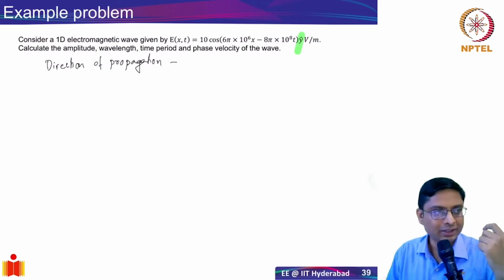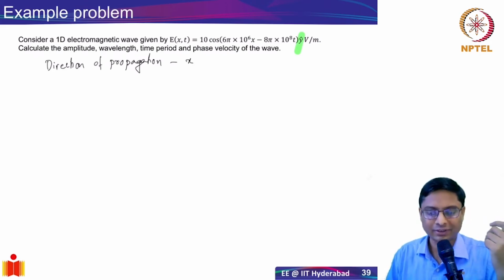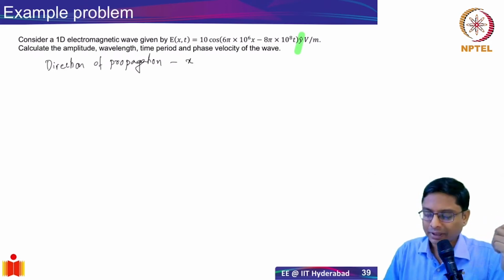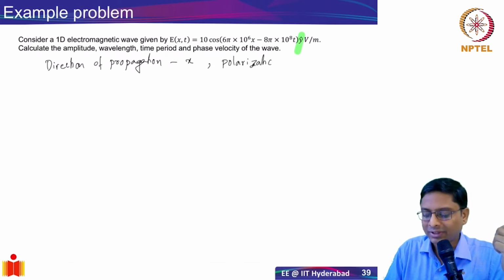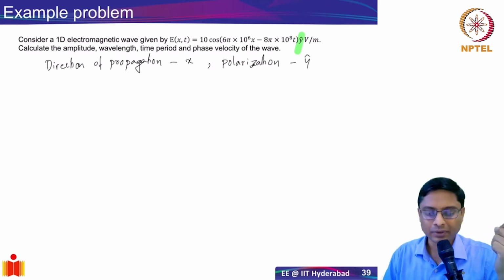Basically, what is the coefficient of k? So it's the x direction. Along x it's propagating. And what is the polarization? Polarization means the direction of the electric field. In this case, the polarization is y cap, the y direction. So we have this electromagnetic wave.